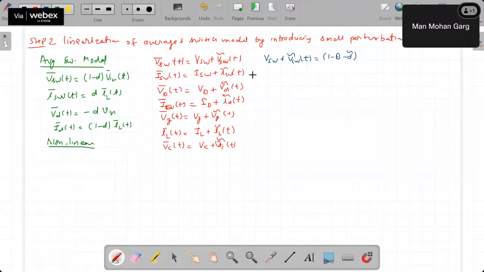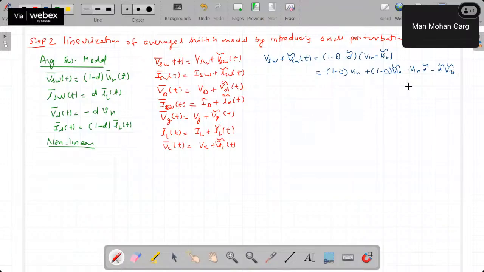I am just removing the T subscript as of now to keep it simple. We can simplify it: 1 minus D times Vin, then plus 1 minus D times Vin cap, then minus Vin D cap, then minus D cap Vin cap. This is the one equation.